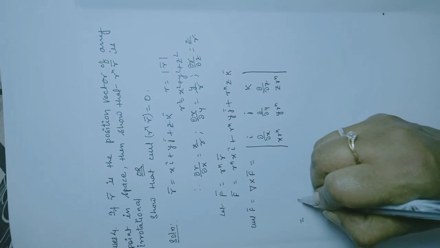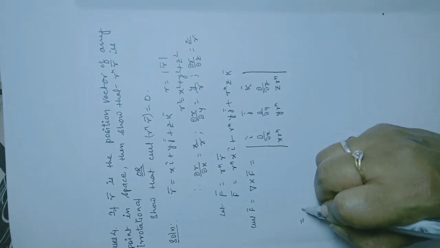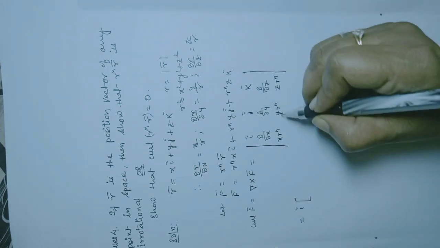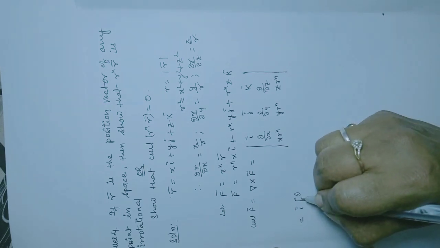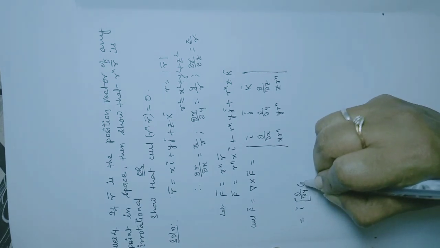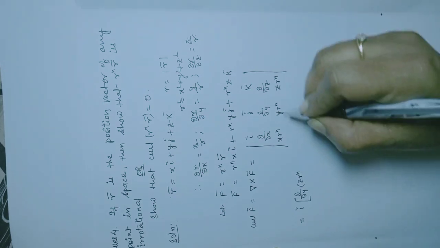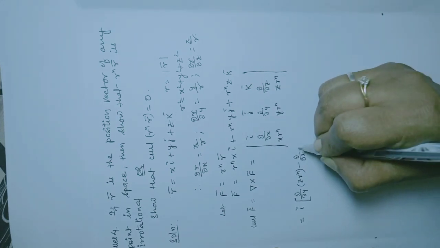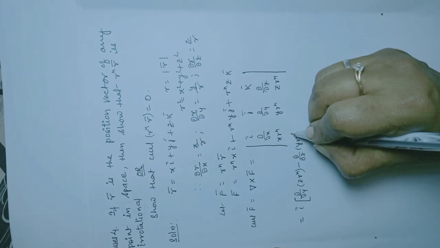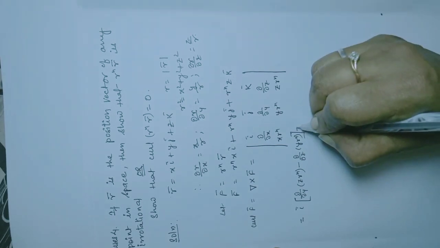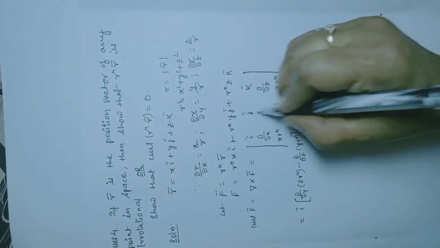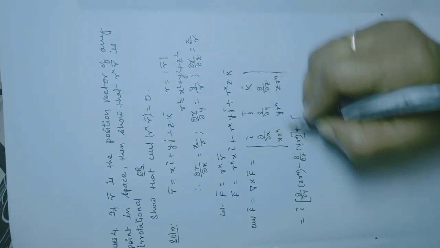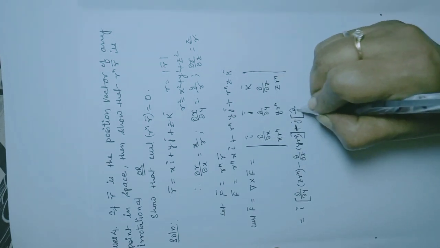So now let's find out the values. With respect to i, you have del by del y of this minus del by del z of this. So let's write del by del y of r to the power n z, minus del by del z of r to the power n y, right, plus j times of, sorry, minus j, and you have del by del x of this minus del by del z of that.